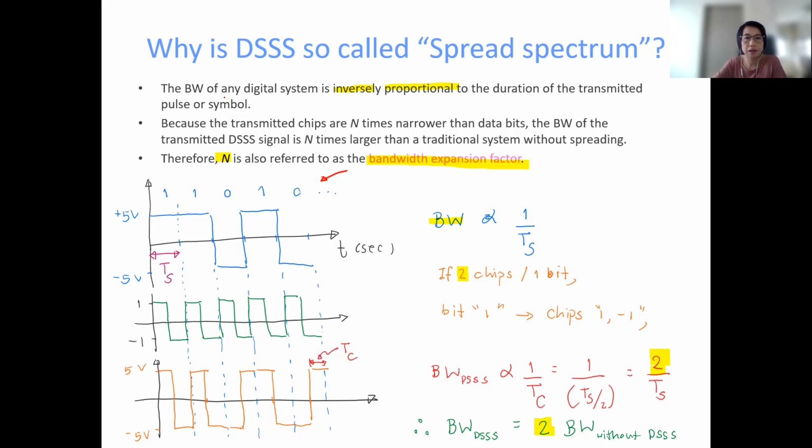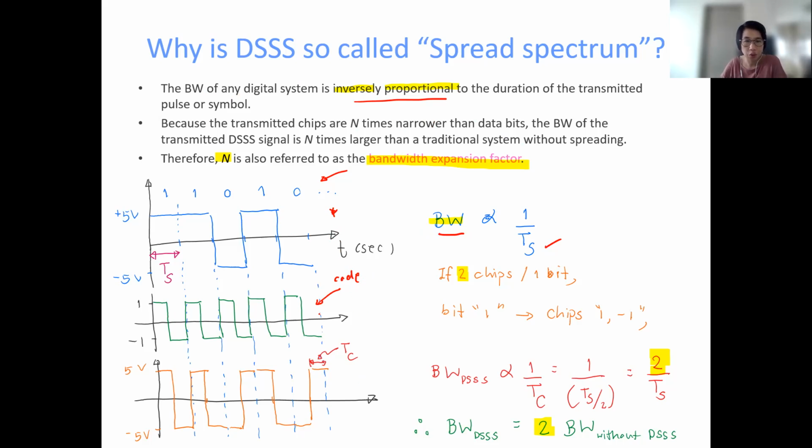And as I mentioned earlier, the bandwidth of the digital system is inversely proportional to the duration of the transmitted pulse or symbol, right? And then, if we use the green one as a code, it will be the one that converts the original data sequence to chips.